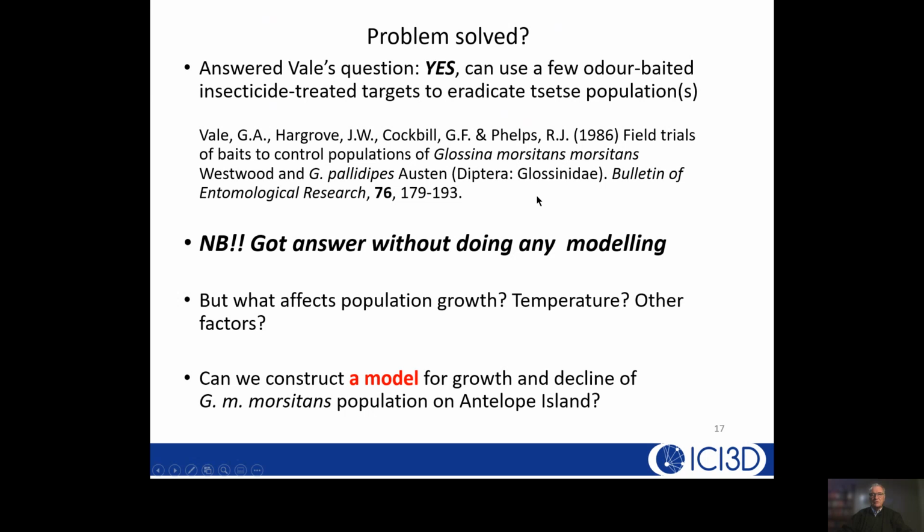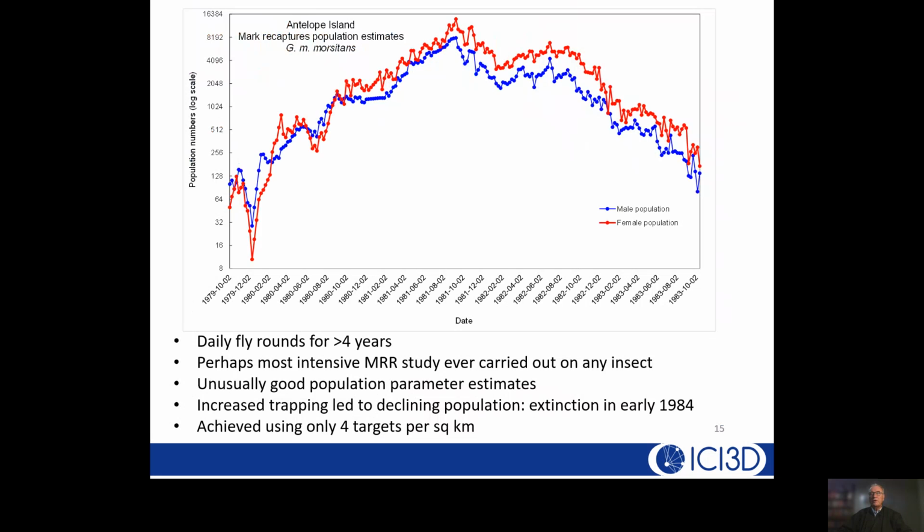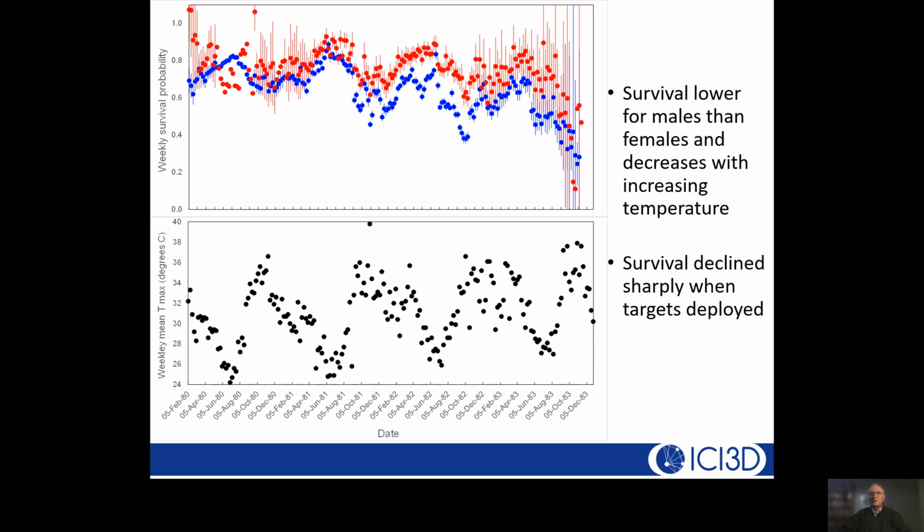So he's answered the question that he set out to answer. Can we actually use these targets to get rid of tsetse flies? The answer is yes. But now, here's the interesting thing. We've got, as I said in the lead up to this, a situation where we know what's happening with the numbers. We know what's happening with the survival probability. But the question is, what's driving this?